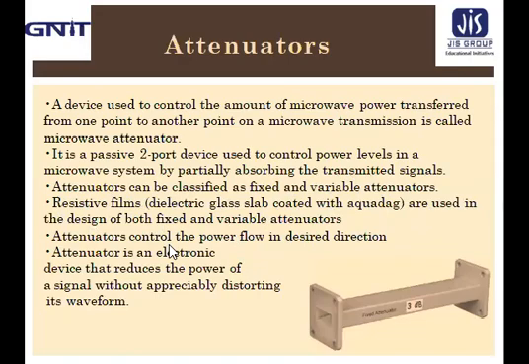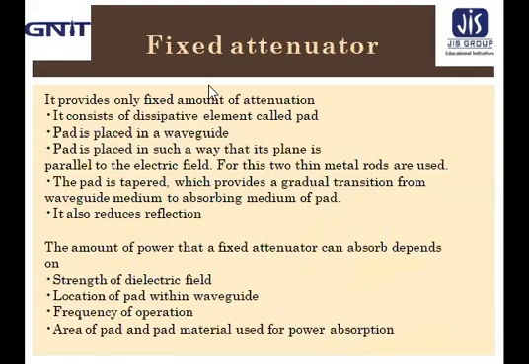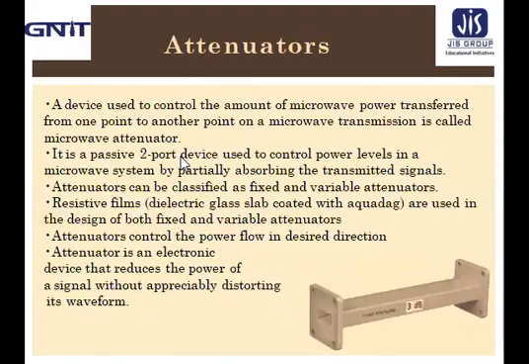The attenuators control the power flow in a desired direction, and this attenuator is an electronic device that reduces the power of a signal without appreciably distorting its waveform. In this figure, an attenuator is shown, and there are two types of attenuator, fixed attenuator and variable attenuator.